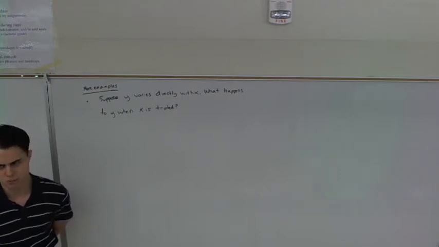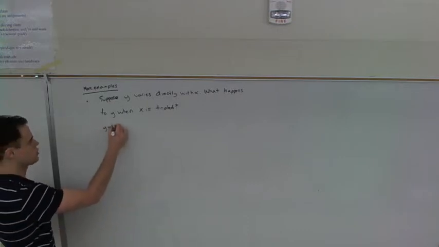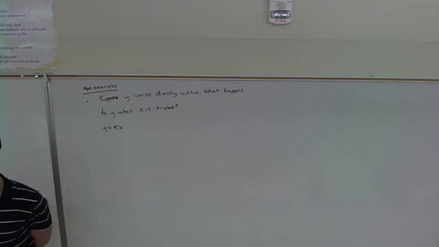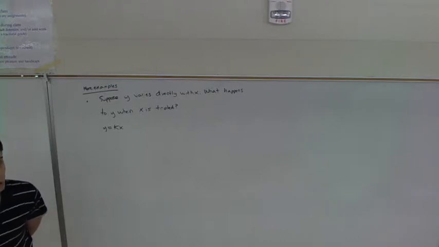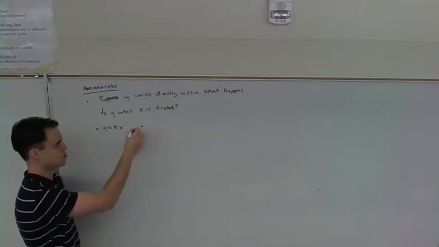So what's the relationship I should write down? y equals kx. Now it says, what happens to y when x is tripled? So how should I modify this equation? Here's the original. Let's do the tripled part over here.